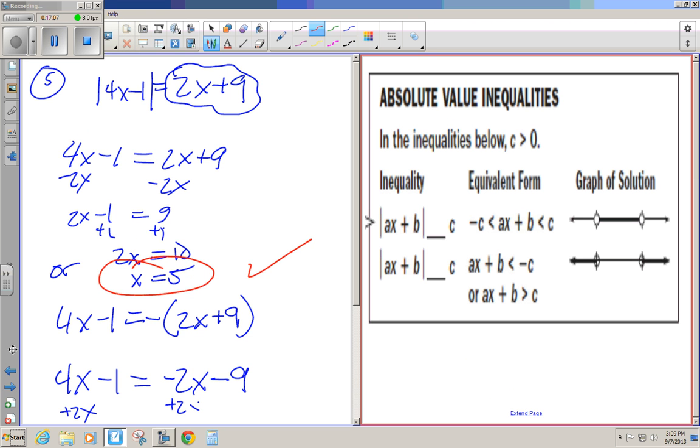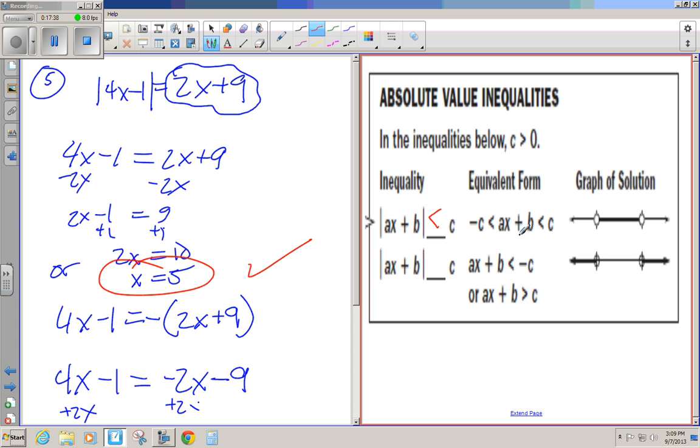Now let's take a look at it as if it were an inequality. If the inequality is less than, you rewrite it like this.